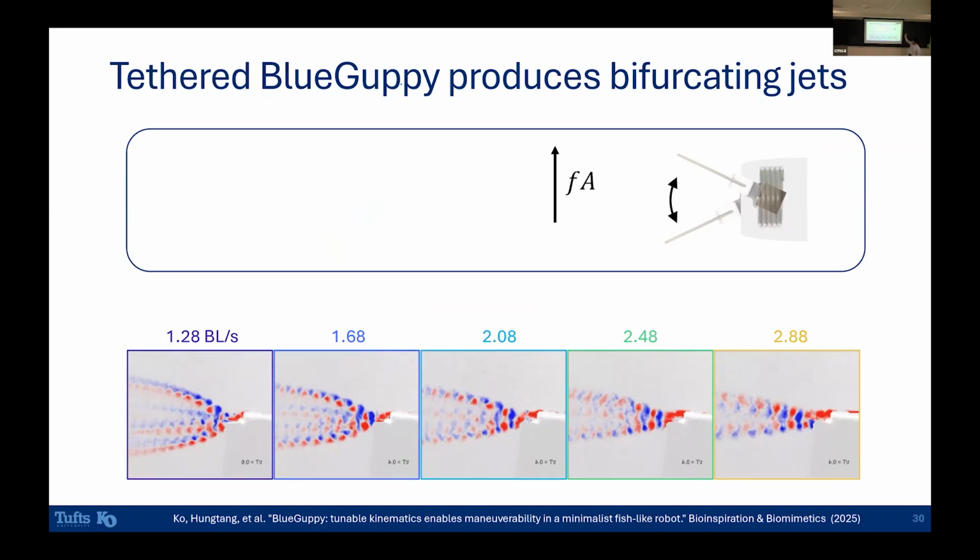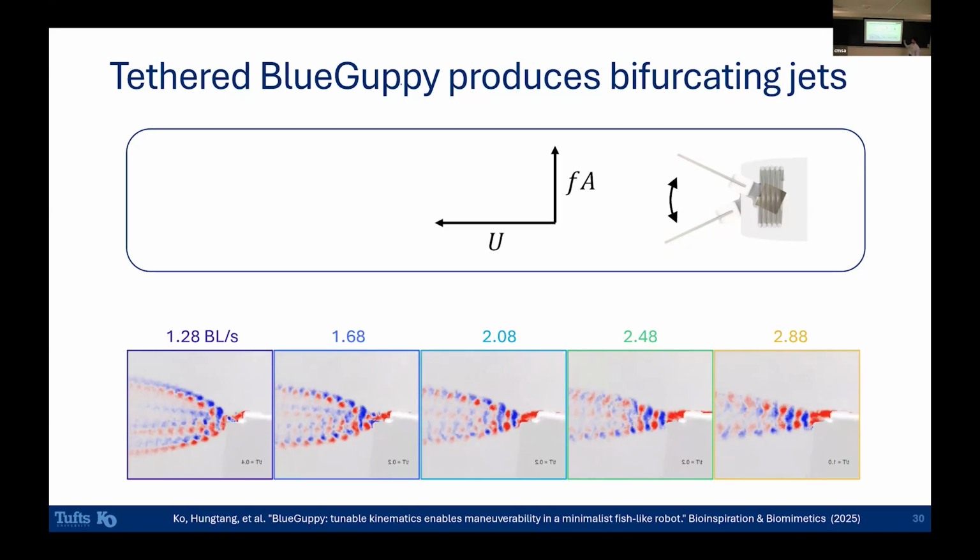So in the span-wise direction, the velocity is characterized by the frequency multiplied by amplitude. That characterizes how fast the fluid is being flicked back and forth span-wise. Stream-wise is the incoming flow velocity that sets the velocity scale.